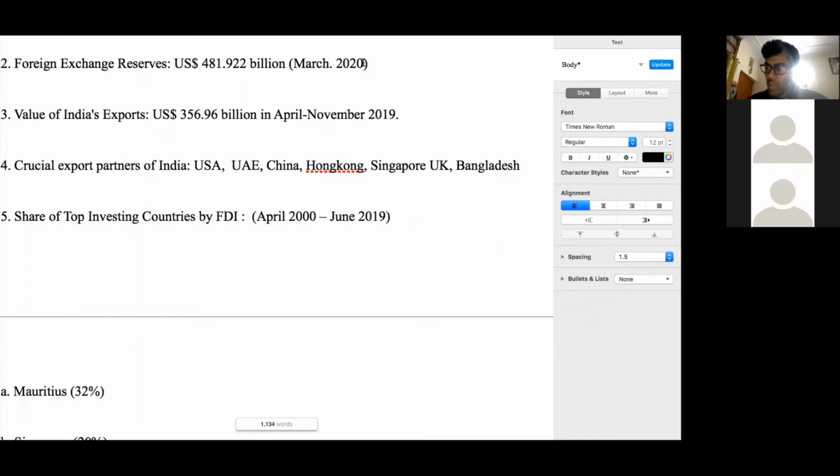So I'm searching for a value that could be available for, let's say, December or January 2021.